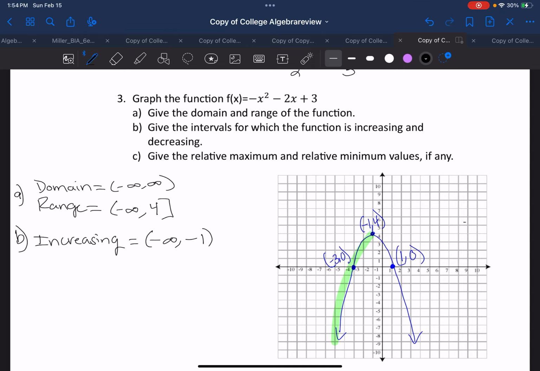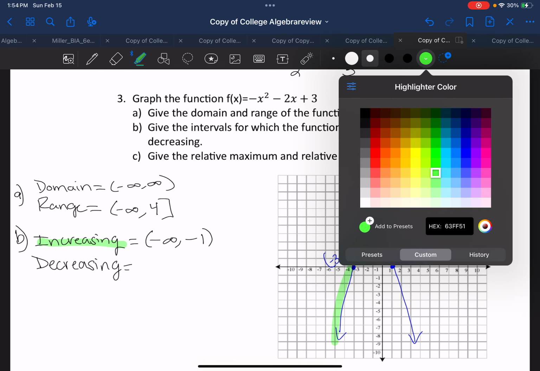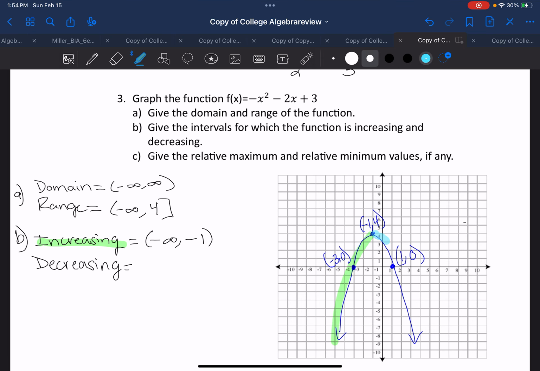And these always get parentheses for increasing and decreasing intervals. And then for decreasing, still going from left to right, starting at that point, now I'd be going downhill. So it's decreasing from the x value of -1 to positive infinity, since it's just going to keep going in that direction forever. So that's the interval for which it's decreasing.